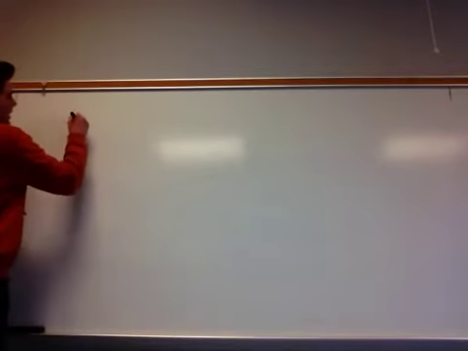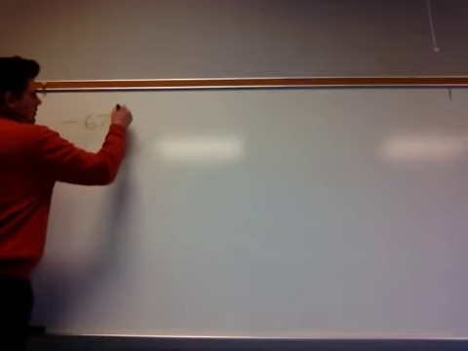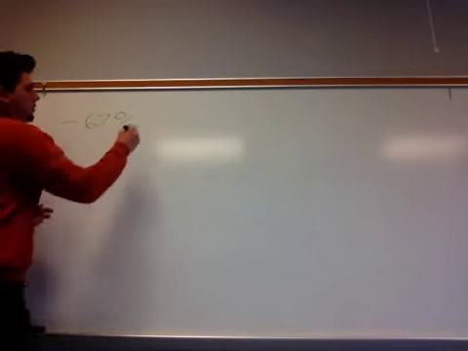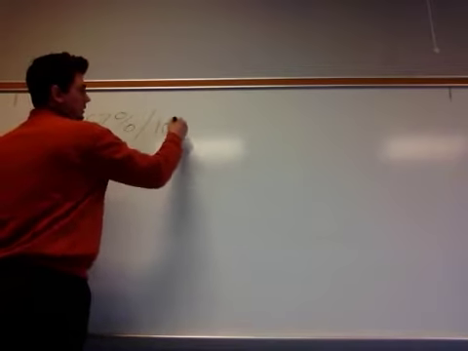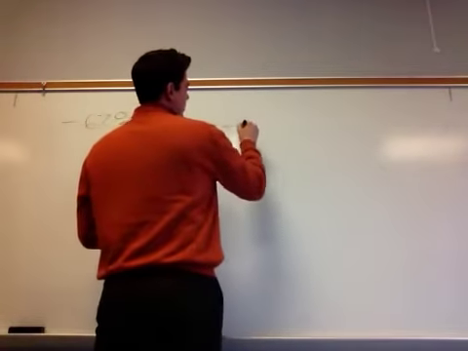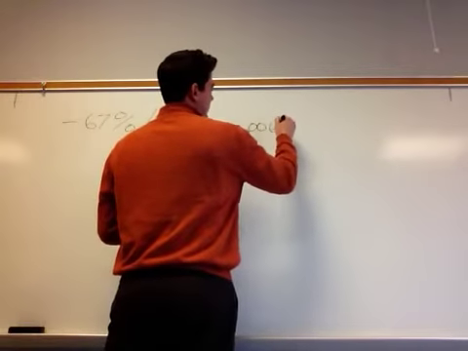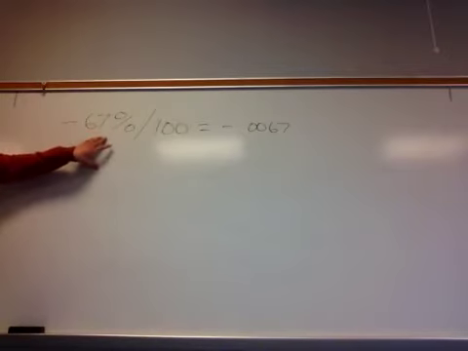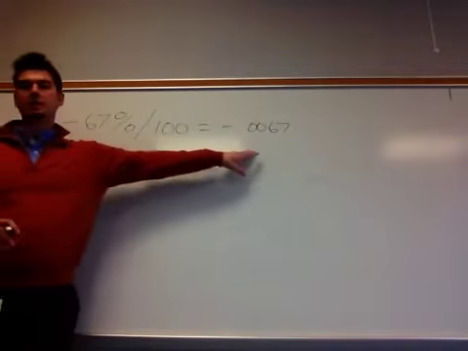All right, so just like you did in the first 6 questions, I'm going to take my negative 0.67% and transfer that into a decimal, so we just divide by 100, like you do normally, and that's going to give you negative 0.0067. Okay, so now I have my temperature coefficient percentage in a decimal, so now I can use it.